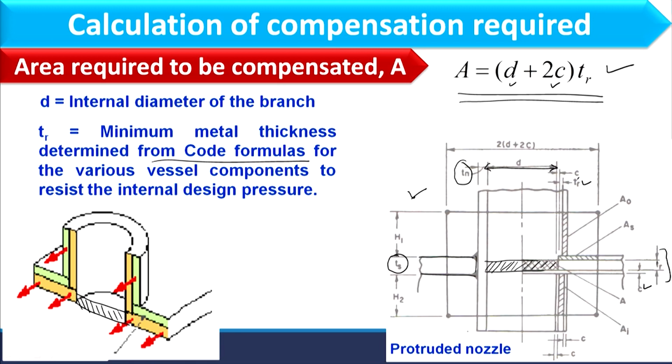Okay. So, that area would be the projected area of force where we are computing the hoop stress, and that area would be a rectangle, not a circle. Therefore, though we have removed the circle from the metal sheet, we will consider rectangular area for the area to be compensated.